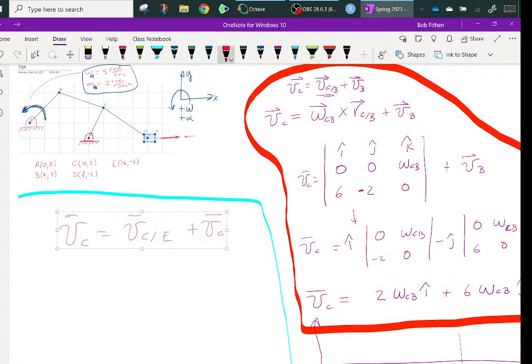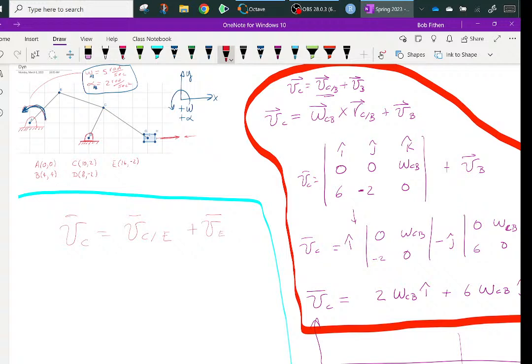Now, the velocity of C, I'll know it from over here, but I'm not going to find it quite yet. And that actually is supposed to be E. I know that velocity E has to go to the right or left.